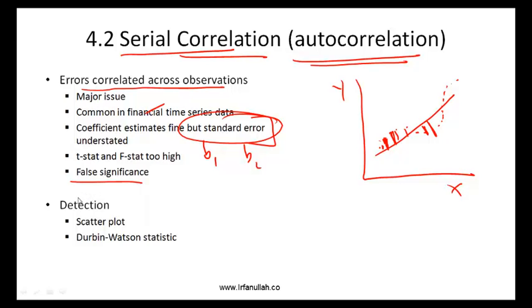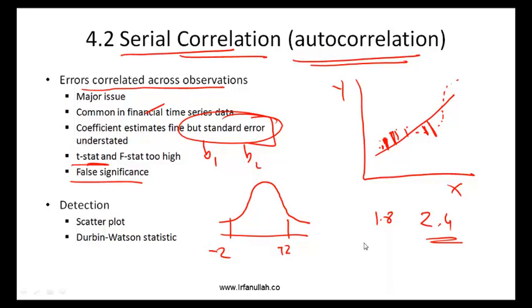What does this mean? Let's say that your critical value is +2 and -2. When you have serial correlation, that causes the t-stat to be overstated. So let's say that your t-stat should be 1.8, but because of serial correlation, the t-stat becomes 2.4. What will you do? If your t-stat is 2.4, will you reject the null?